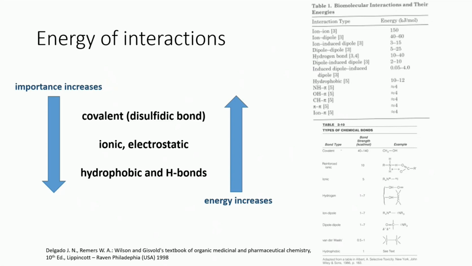It can be given sometimes in kilojoules per mole, sometimes in kilocalories. So be careful also about the units. However, I think it is obvious that we went during the lecture from the strongest interaction to the least strong interaction.